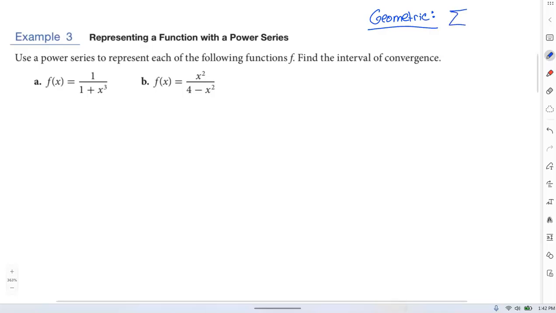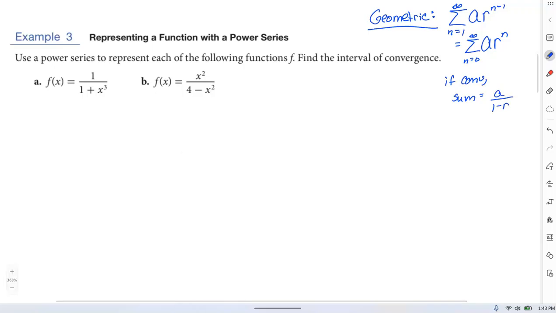We said we could write it as the sum from n equals 1 to infinity of ar to the n minus 1, or we could start it at 0 and it's ar to the n. And if it converges, then the sum is equal to a over 1 minus r.